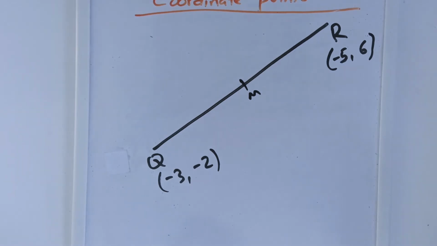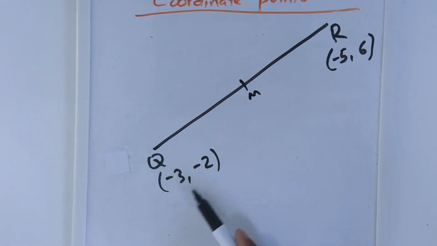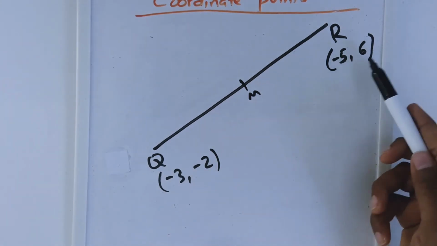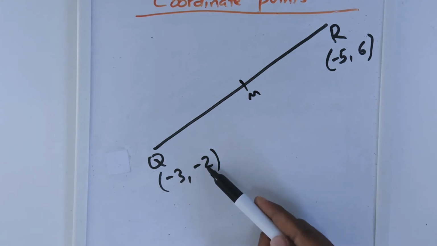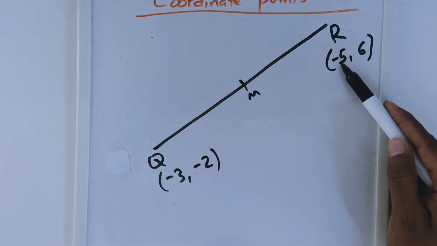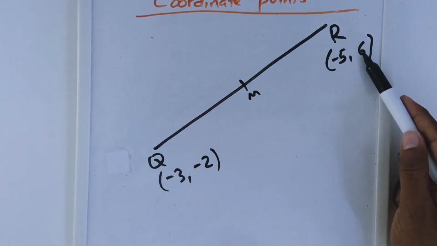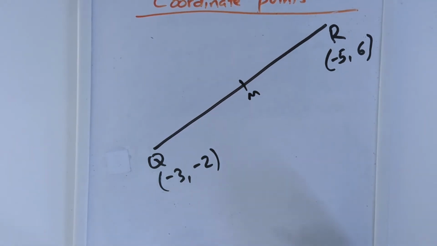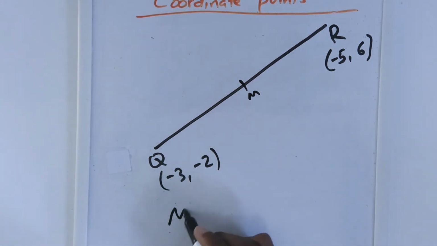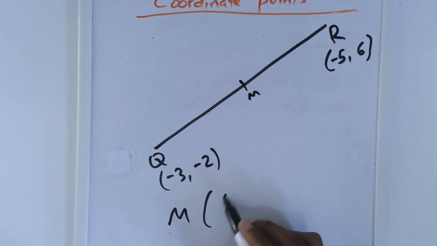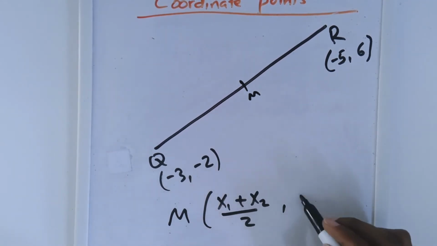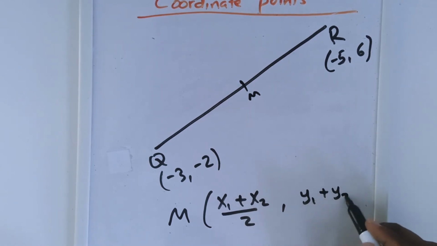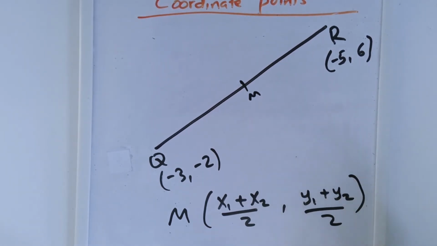Let us do another example where we have coordinates that are negative values. In this case, x1 is negative 3, y1 is negative 2, x2 is negative 5, and y2 is positive 6. So the formula doesn't change. The midpoint is such that x1 plus x2 divided by 2, y1 plus y2 divided by 2.